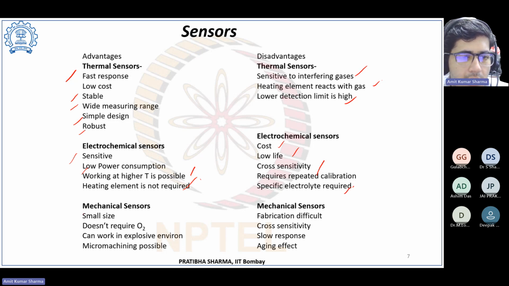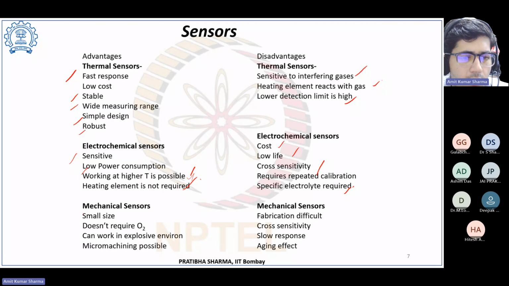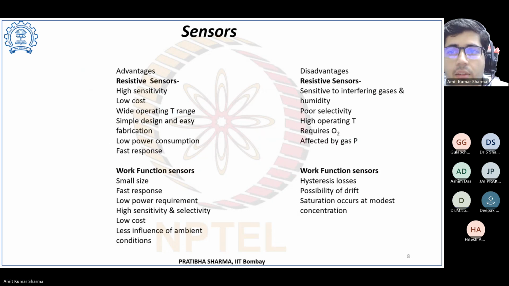Mechanical: small size, doesn't require oxygen, can work in explosive environment, micromachining possible. Mechanical issues are difficult fabrication, cross sensitivity, slow response, and aging effect. Similarly for resistive sensor: high sensitivity, low cost, wide operating temperature, simple and easy design and fabrication, low power consumption, fast response.